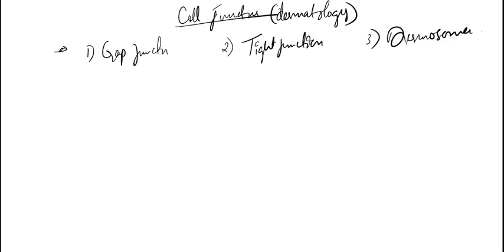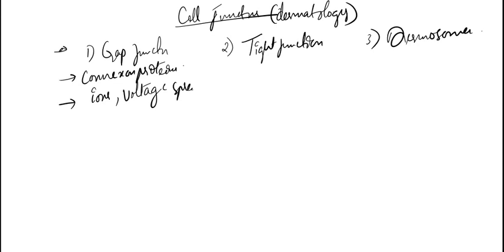Regarding gap junctions, these are composed of connexin proteins. They help in transportation of ions as well as the current, meaning the voltage spread, from one cell to another with the help of gap junctions.